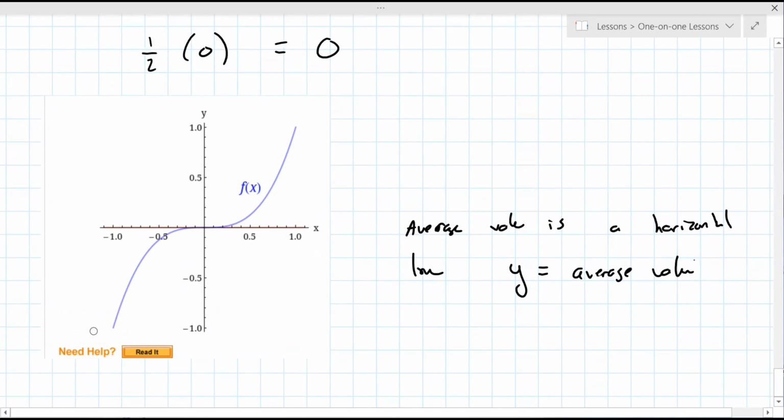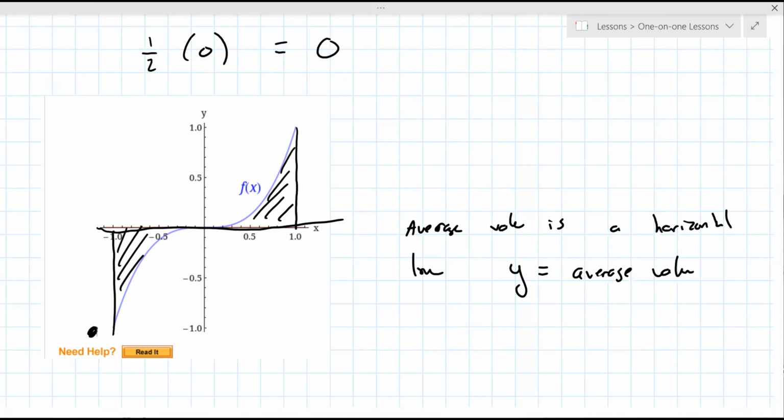It's like a balance point between the top and the bottom. It's basically saying, if you took all of this area and you counterbalanced it with all of this area, where would it be? Well, it'd be right here in the middle. So that's the lower left graph. I didn't show you the other graphs because they're all wrong, but we can.